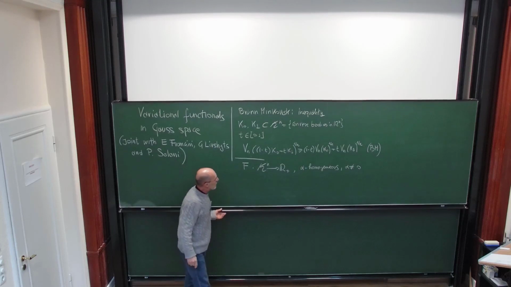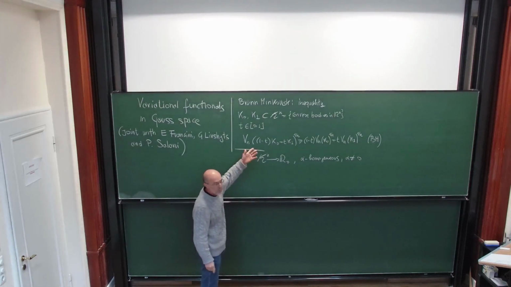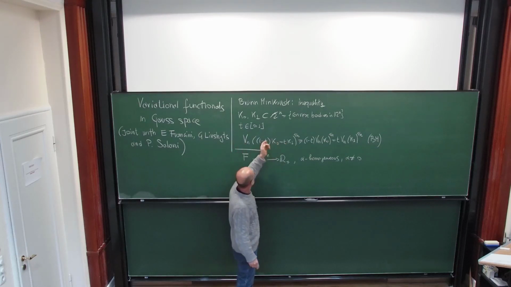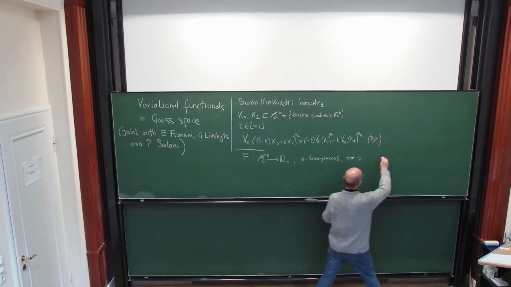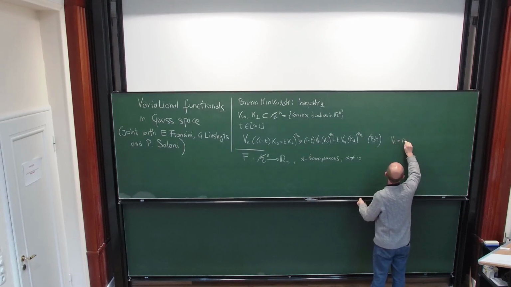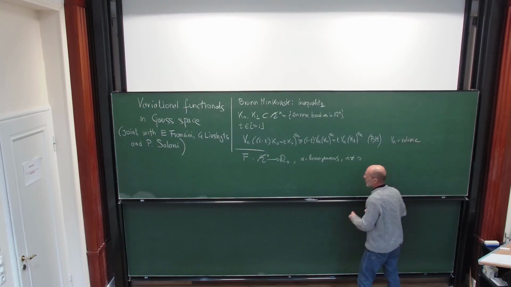And then you say that f verifies an inequality of Brunn-Minkowski type if exactly the same holds with the, so I'm sorry, Vn is the volume, which means the Lebesgue measure.